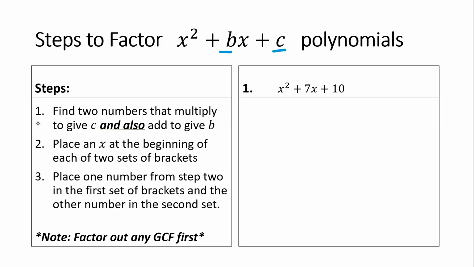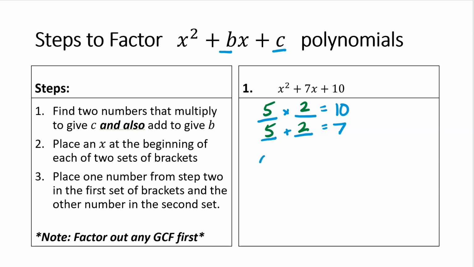So if we're looking at x squared plus 7x plus 10, we want to find 2 numbers that multiply to give us the last number, the 10, and those same 2 numbers need to add up to give us the middle, which is 7. Well, 5 times 2 is 10, and 5 plus 2 is 7. So those are our 2 numbers.